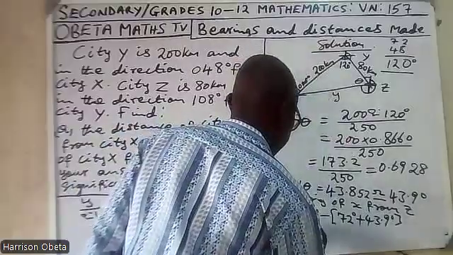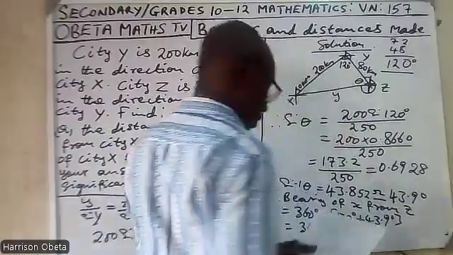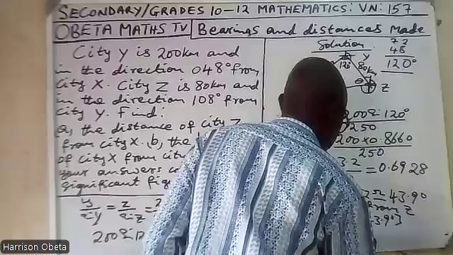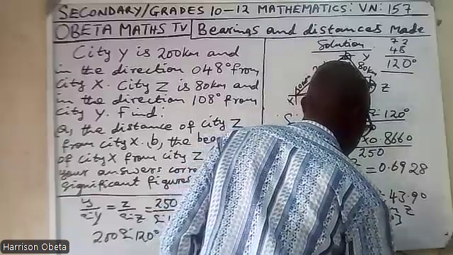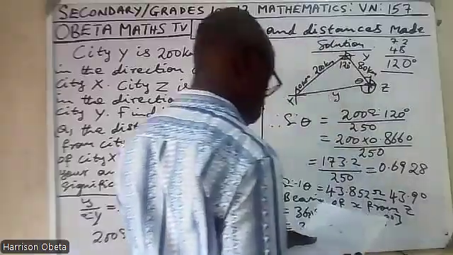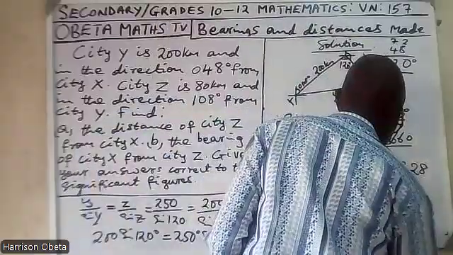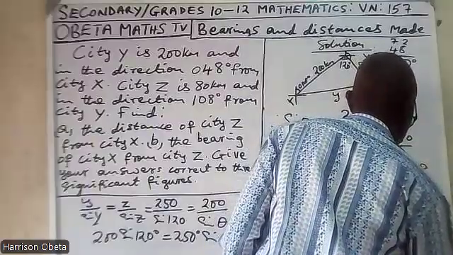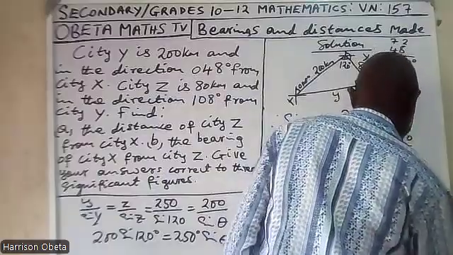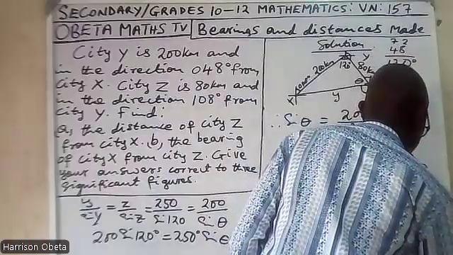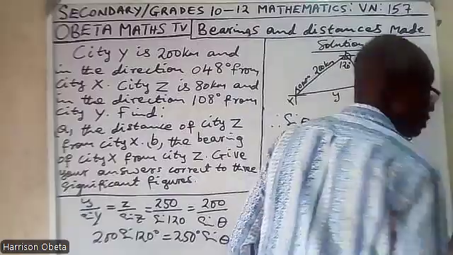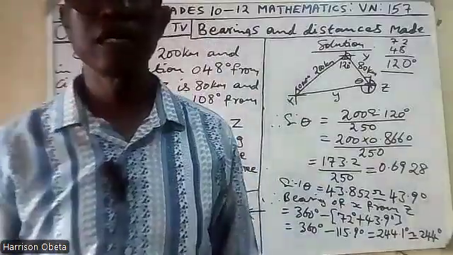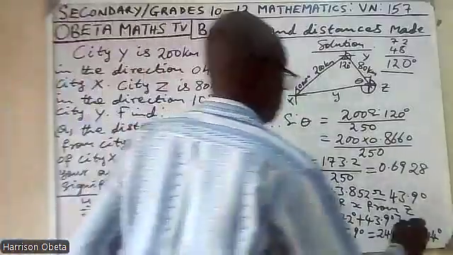And that is the same thing as 360 minus 115.9, and that is 244.1 degrees, approximately equal to 244 degrees. We have 244 degrees as the final answer. So that is the bearing.